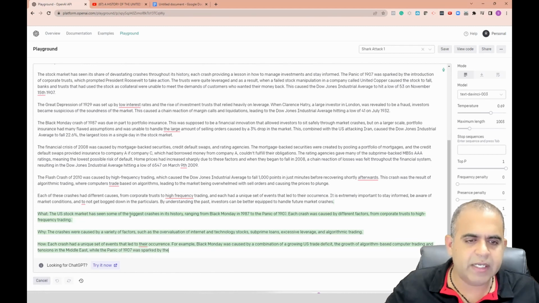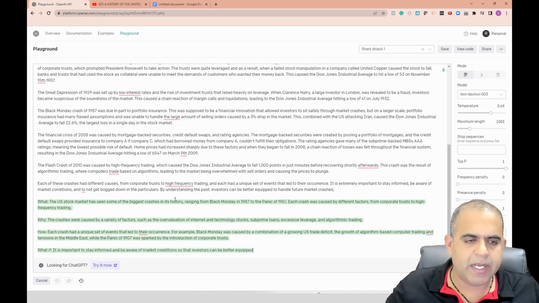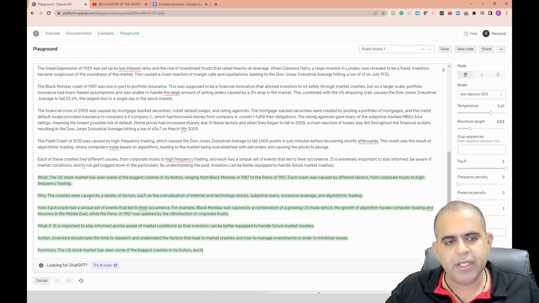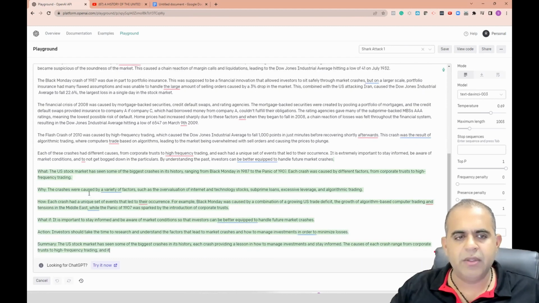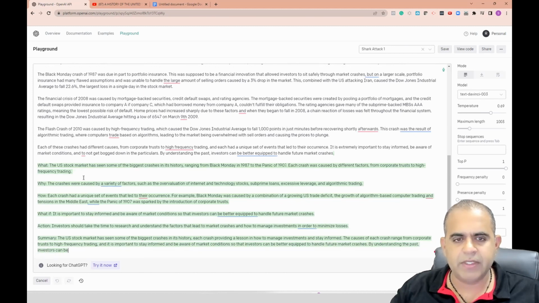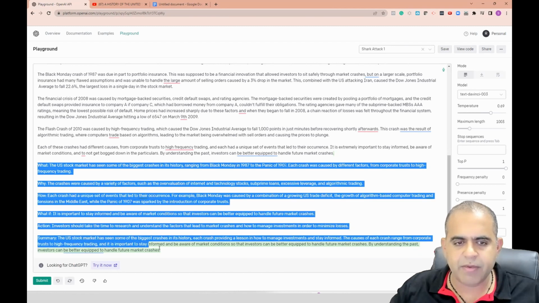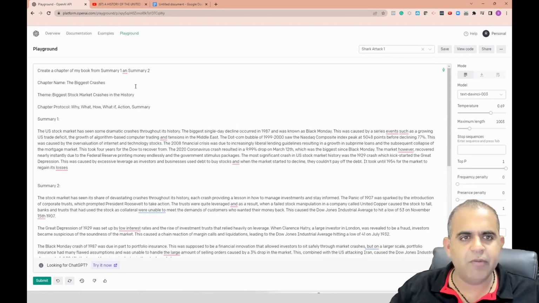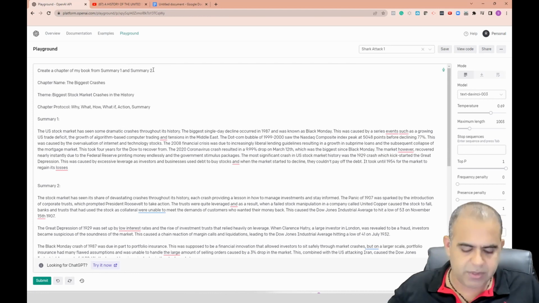It picked up very little content. Instead of taking the whole content, it actually wrote it in the format, as you could see. Like, the US stock market has seen some of the biggest crashes in the history, and then it created a summary. This is not good enough for a chapter of a book, but if you adjust the number of words and come up with a different, effective protocol, I mean, you can use this protocol, but effectively you could say summary 1 and summary 2 with 2,000 words, right?